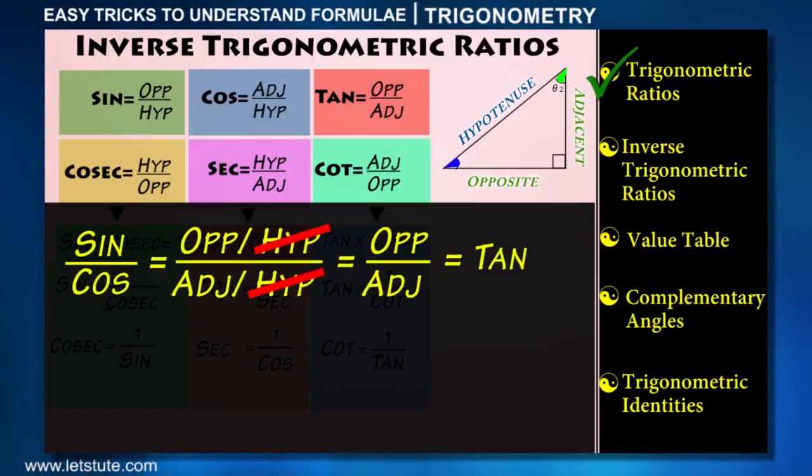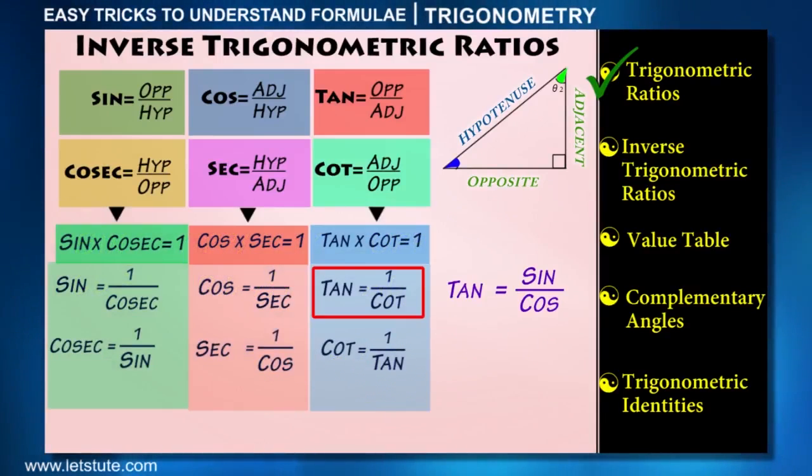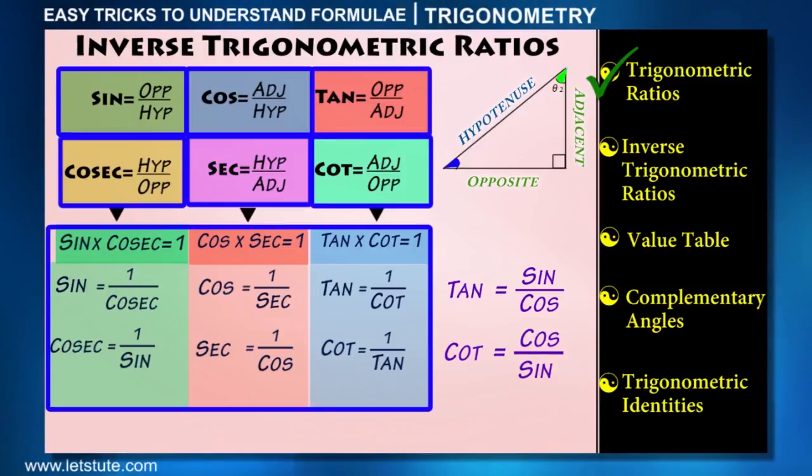Thus we have got one more formula, that is tan is equal to sine upon cos, and since tan and cot are inverse, cot is equal to cos upon sine. So you see, by just simply playing with these 6 trigonometric ratios, we can derive the different formulae.